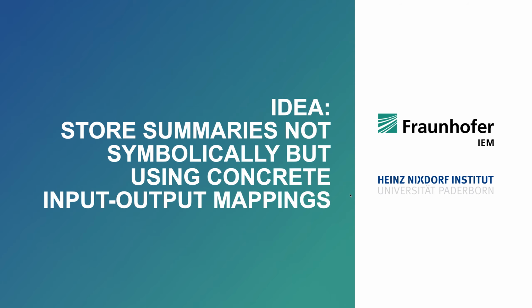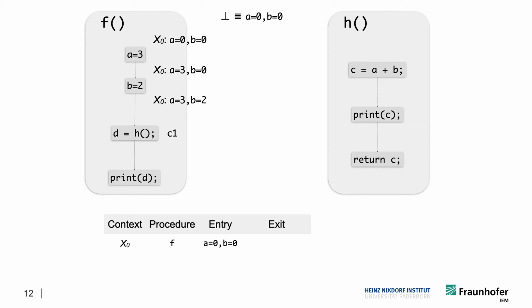And again, considering the example I showed you earlier, we can take a look at what this would look like. Here I'm showing you the first calling context F, the same one that we had before, still with the call site C1, and again the same callee procedure H. We start our constant propagation with some initial information that maps A to 0 and B to 0.